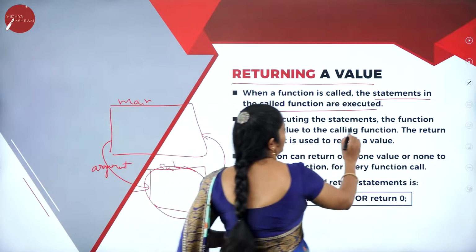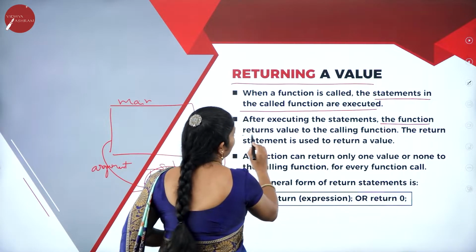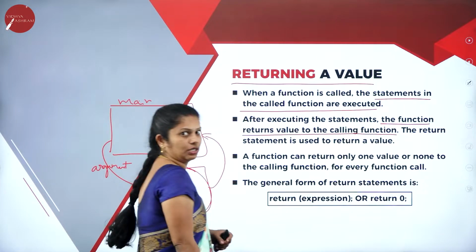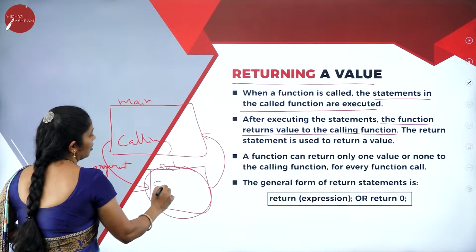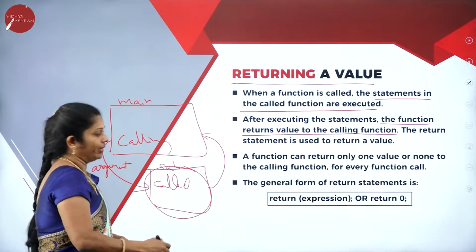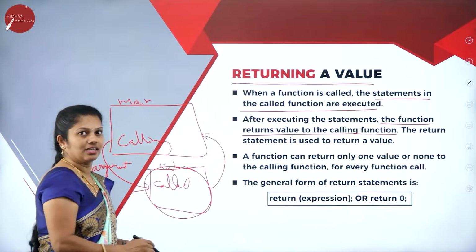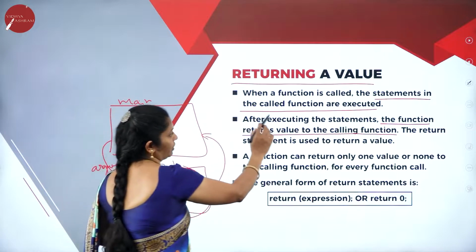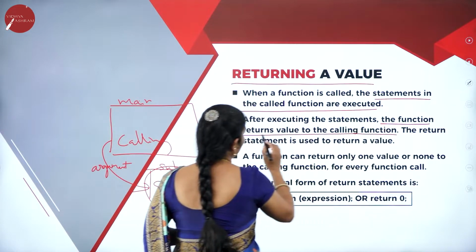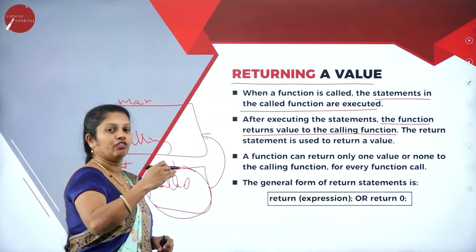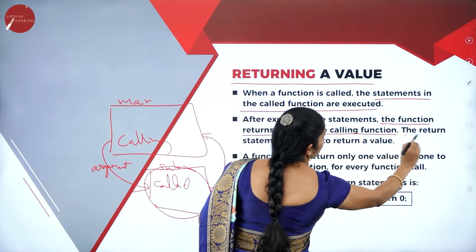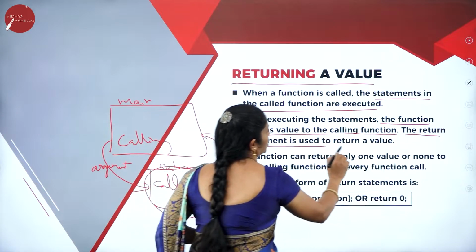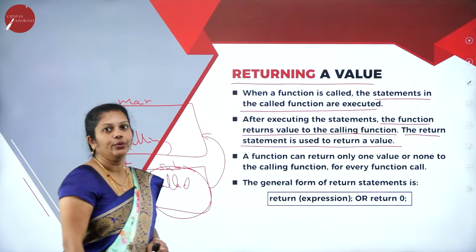After executing the statements, the function returns a value to the calling function. Consider this is the calling function and this is the called function. After calculation, it will generate the result to the calling function. The return statement is used to return a value here.